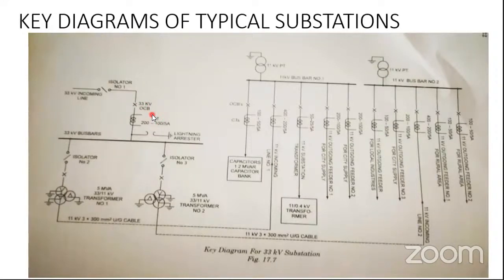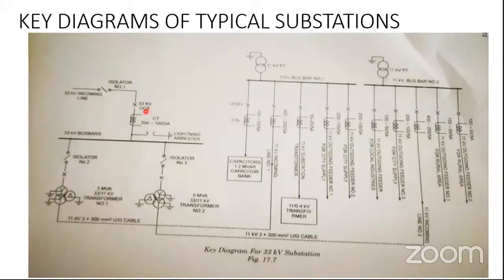What is the purpose of the circuit breaker? The circuit breaker, in case of any fault, will trip the circuit and protect the equipment from the fault. Whenever the fault is corrected, the circuit breaker will reconnect the system to normal.